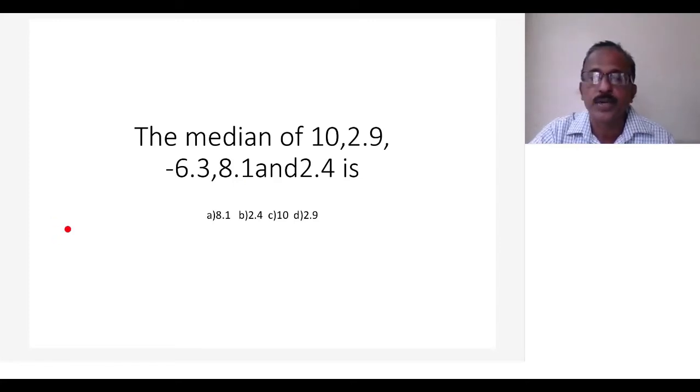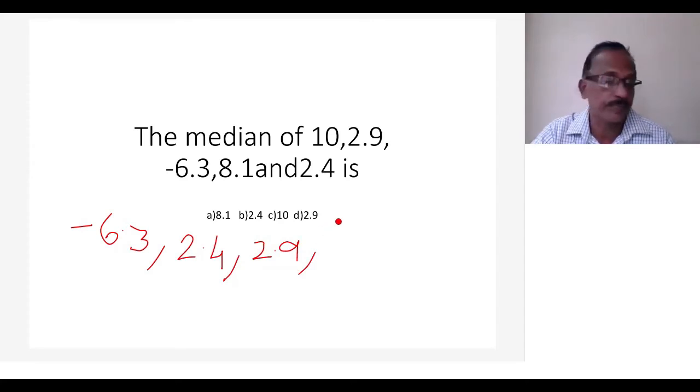In ascending order of magnitude, the first is minus 6.3, next 2.4, next 2.9, next 8.1, next 10.